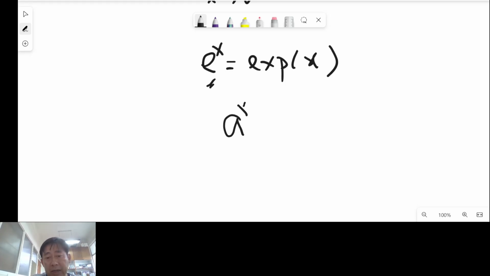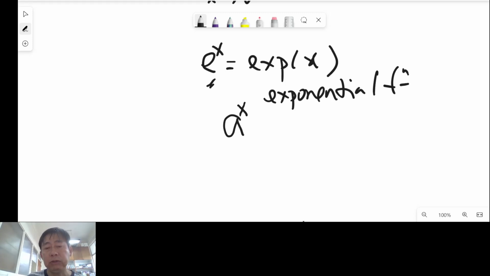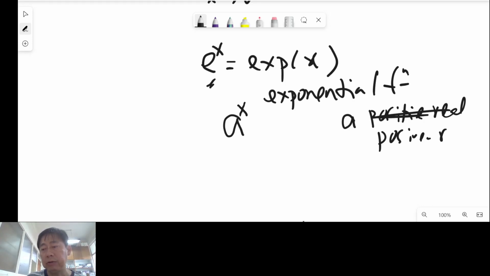So in the beginning of the 110 lecture, I mean in the first weeks where we began the course, we mentioned what we call an exponential function, right? When we introduced the exponential function, we said that a is any positive rational number.